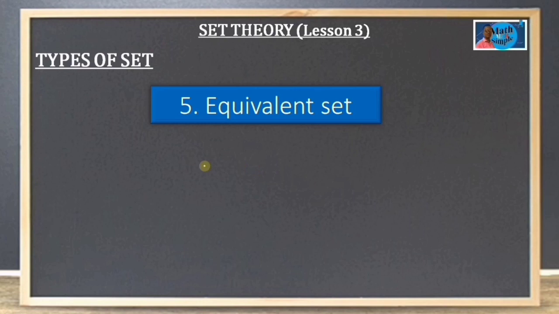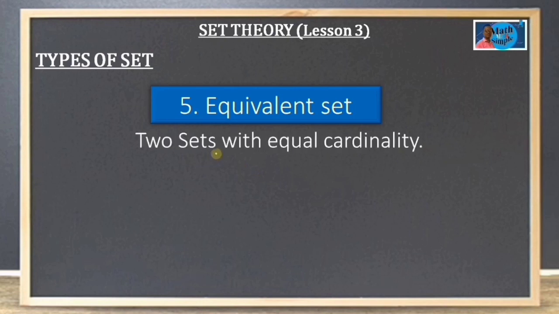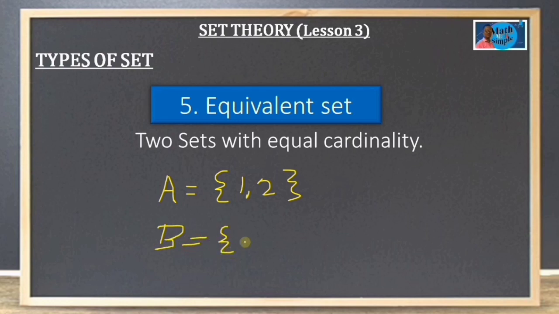Equivalent sets. Okay, equivalent sets are 2 sets with equal cardinality. If you have set A equals 1, 2, set A has 2 members. And set B also has 2 members.